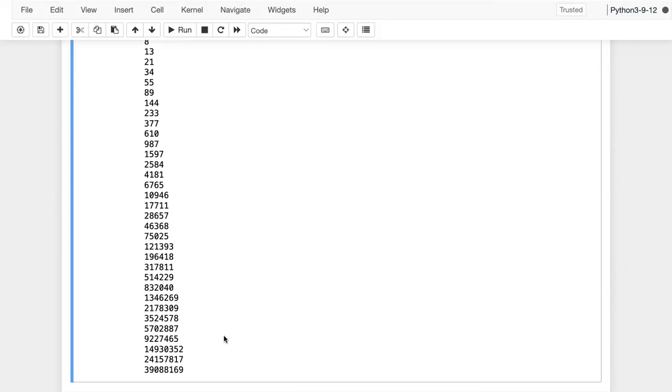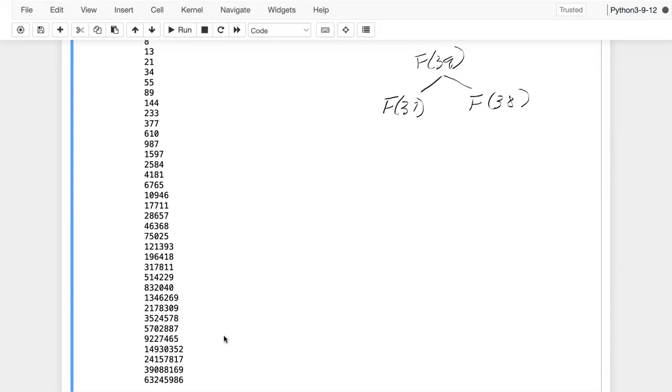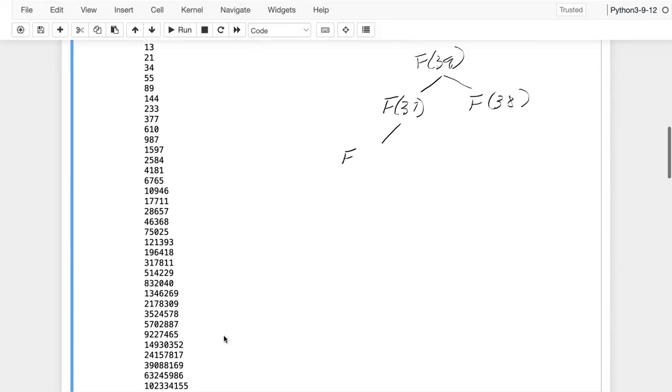So this is fib 39, and then it's the previous two. So this is fib of 37, and this is fib of 38. Okay, and then for fib of 37, I use F to indicate the Fibonacci. Now it's still running.